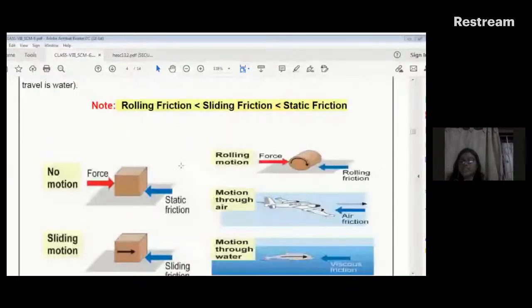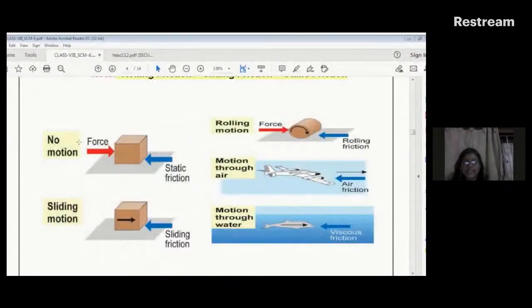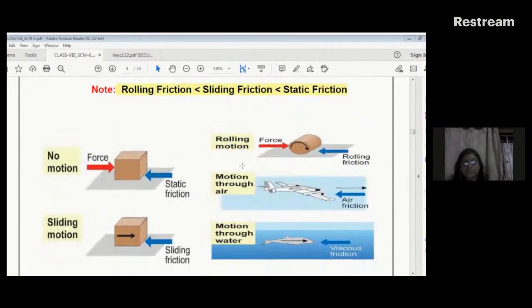Okay, here is a picture. You can see that here there is no motion, and here is static friction force, and here is sliding. Here, sliding motion is also there.